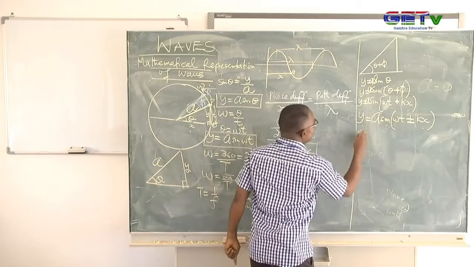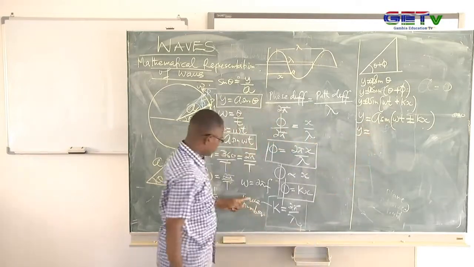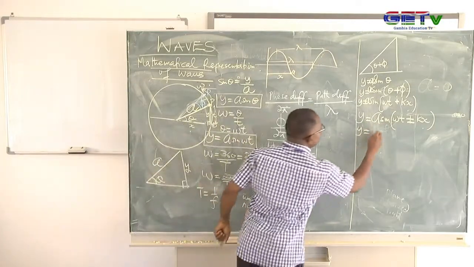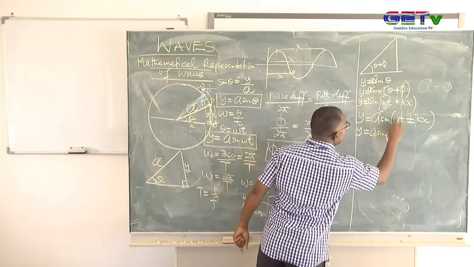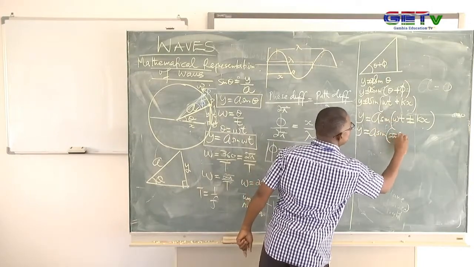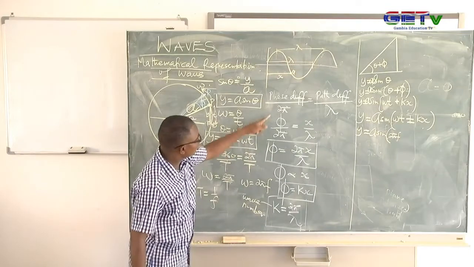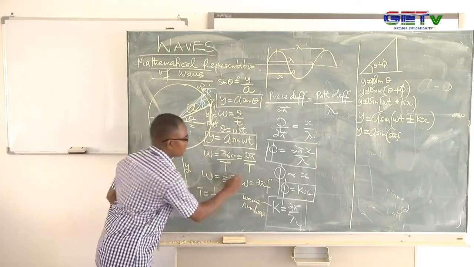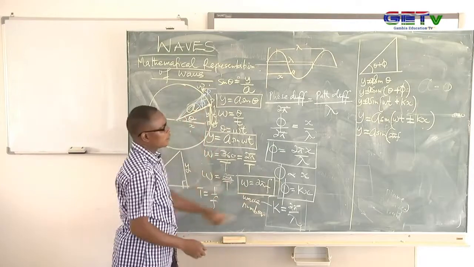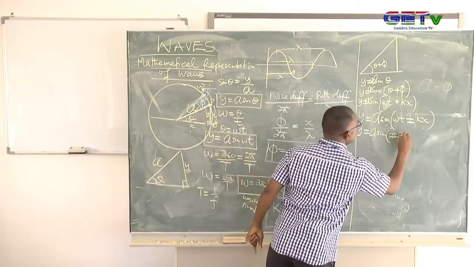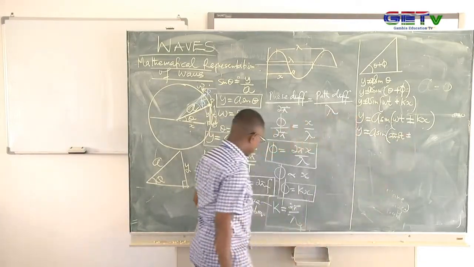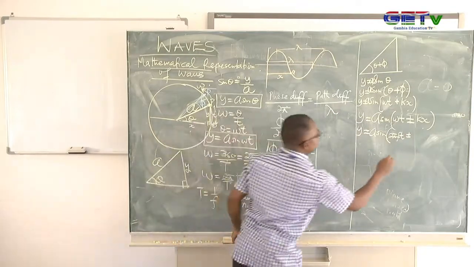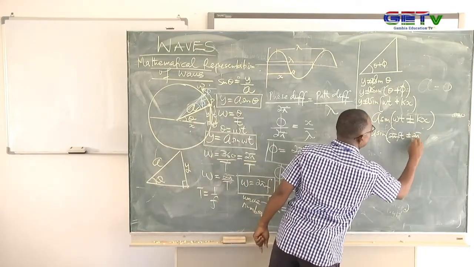Now if I come back and introduce all my variables, I put the amplitude A, then sine. Omega is 2 pi f, so I substitute for omega, and the t. Then I also substitute for k, which is 2 pi over lambda, and bring in my x.